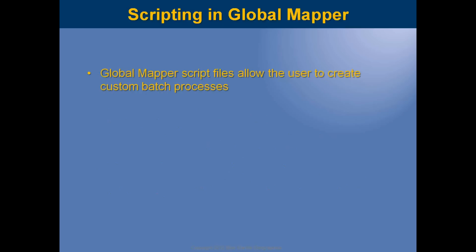We went through the batch processing from the file menu, which is fairly limited. We defined a data type, an output data type, and maybe a reprojection. So in a sense, what we're going to do here with scripting is take that basic principle but expand on it. Essentially, a script allows us to run many of the import, export, and processing tools within Global Mapper in a documented or scripted manner. And I'm going to show you some examples in just a second.